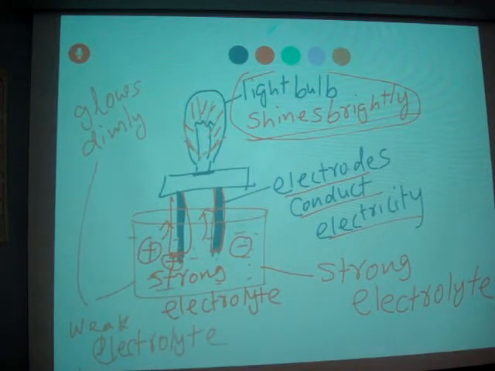And for some solutions, the bulb will not work at all, then we call it a non-electrolyte. Why is that so? Because with strong electrolytes, when you drop the solute in water, it completely dissociates, giving 100% ions. That's why it's a strong electrolyte.